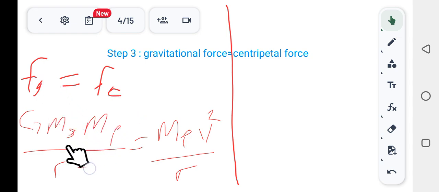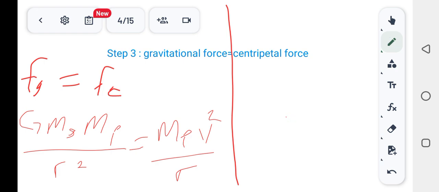Gravitational force is given as this, and centripetal force is given on the right-hand side of the equation. So what happens when we equate the gravitational force and the centripetal force?